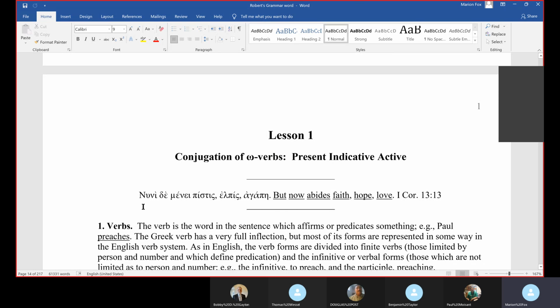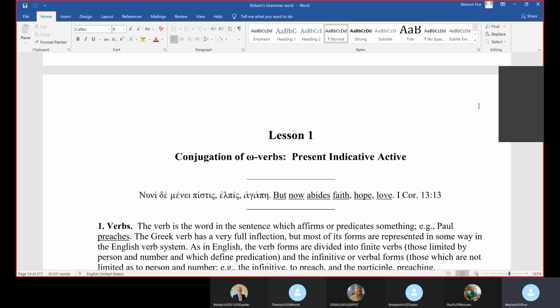So it's postpositive. Now, I haven't found any sources that agree with me on this, but I suspect these postpositive words were there to tell you where the sentence begins, because the Greek didn't have spaces between sentences, didn't have periods like we have. And so it might have been for that purpose.